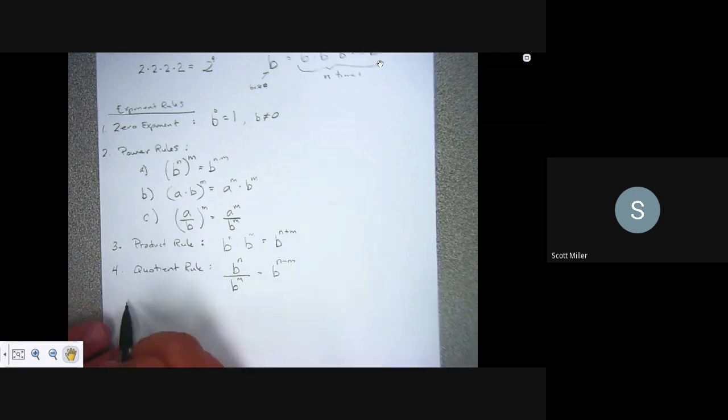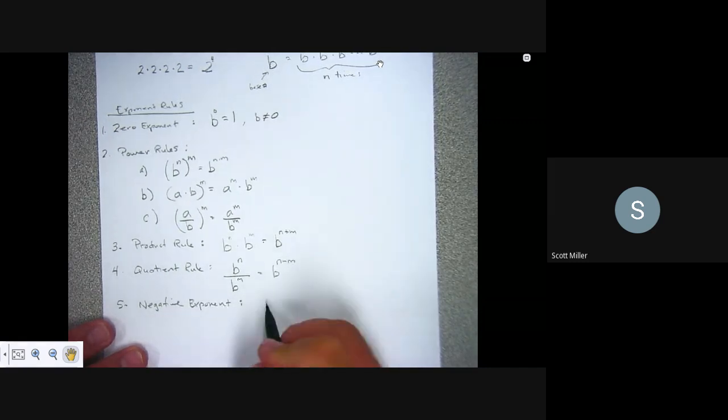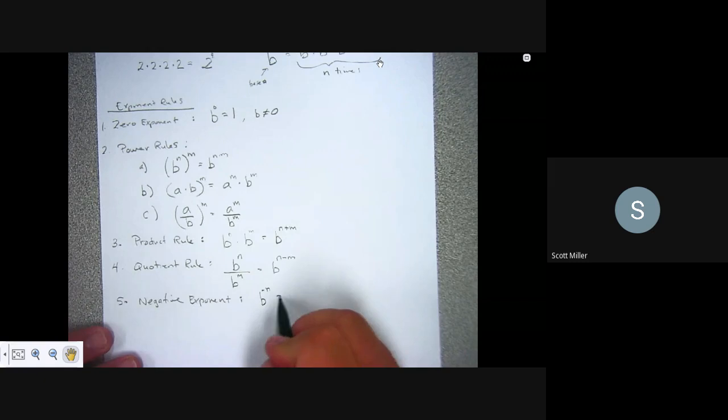And because of that, you may have a negative exponent. Like so. What if there's a negative exponent? The negative exponent, the negative portion, just changes the position of the base number with its exponent. So it's literally a reciprocal action. 1 over b to the n.